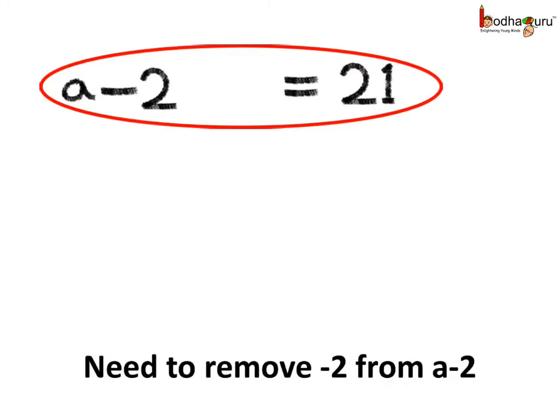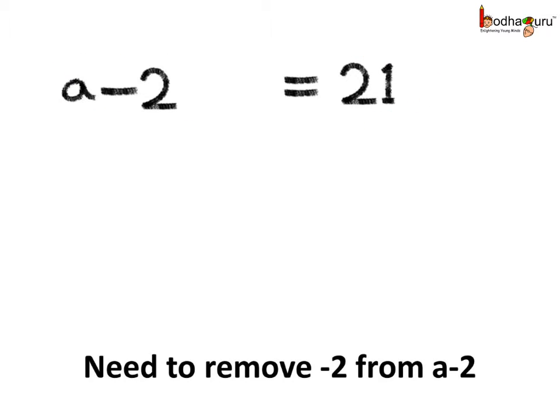Now here we have an equation A minus 2 is equal to 21. Now we need to remove minus 2 from the left hand side. So we add plus 2 to the left hand side, and we also need to add plus 2 on the right hand side to keep the equation balanced.